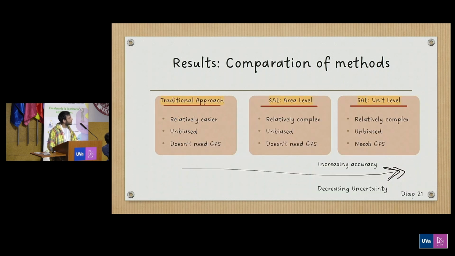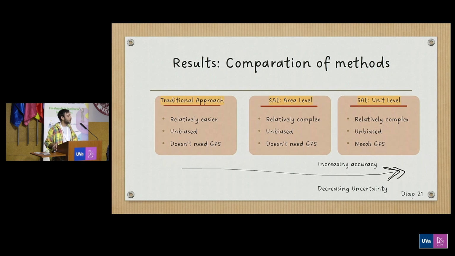If we compare the methods, we can see that the traditional approach, for instance, is relatively easier. We can get unbiased estimations, and we don't need a GPS. The small area estimation method, the area level, is relatively complex. We also get unbiased estimations, and we don't need a GPS.